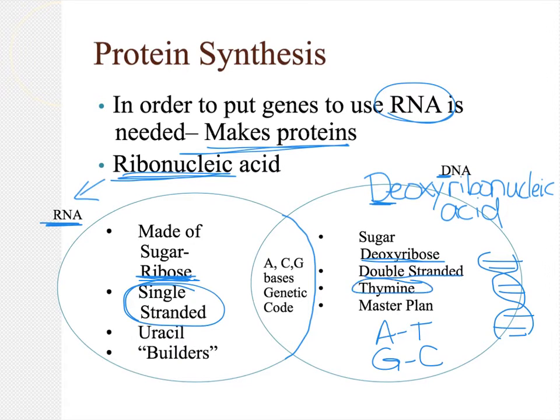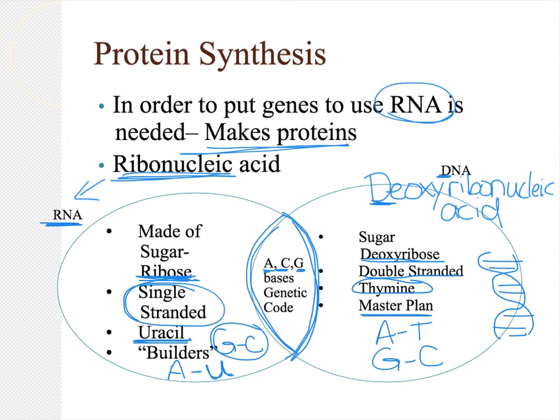DNA has thymine, but RNA has uracil. So that means that A and U go together in RNA. There is no thymine. There is still G and C, okay? So you can see in the center here, this is what is the same between DNA and RNA. Still has the adenine, still has the cytosine, still has the guanine, okay?